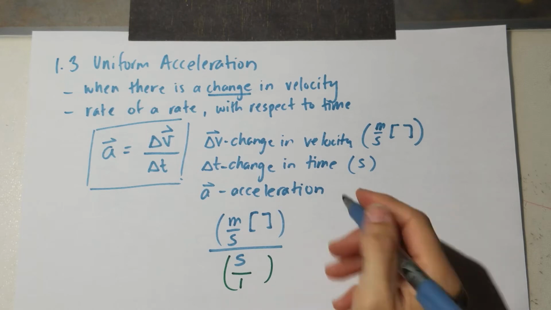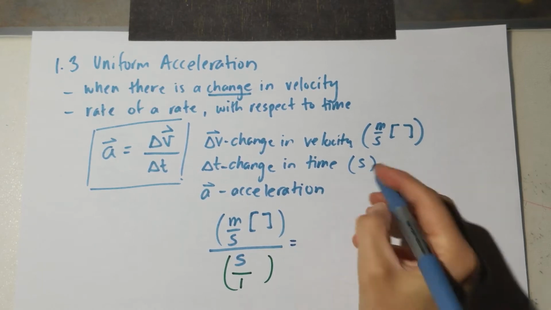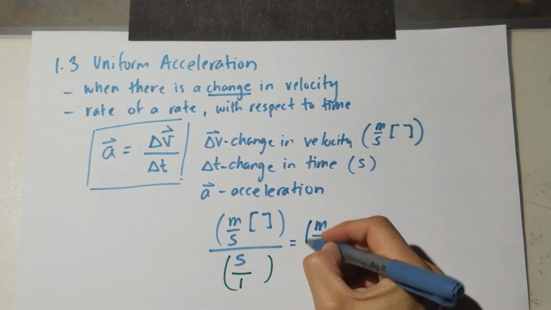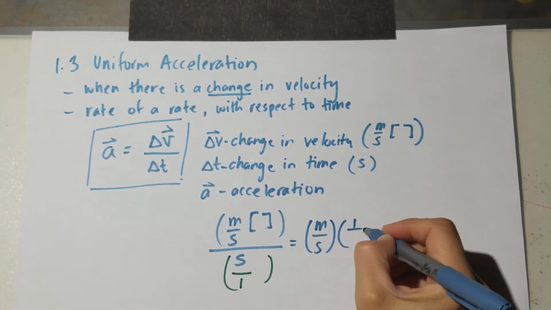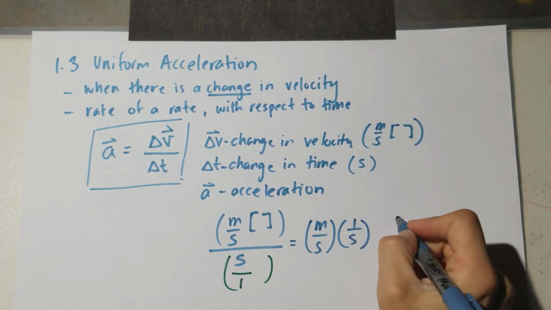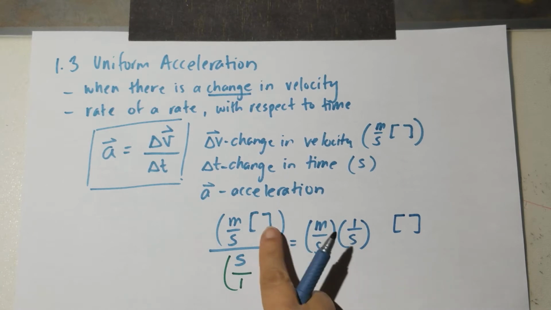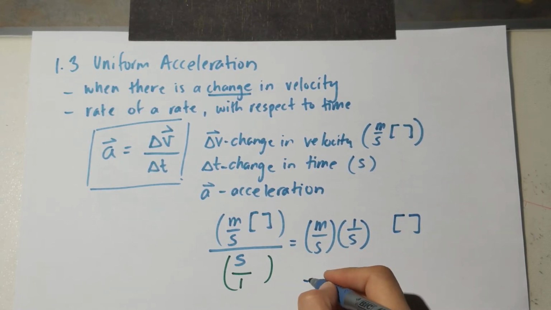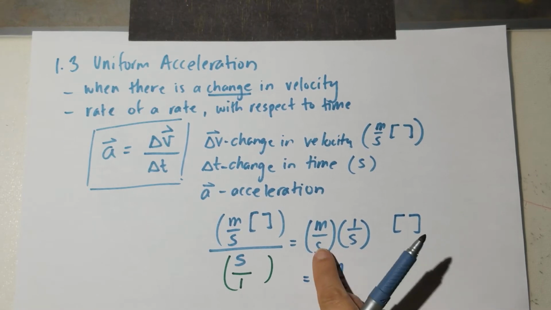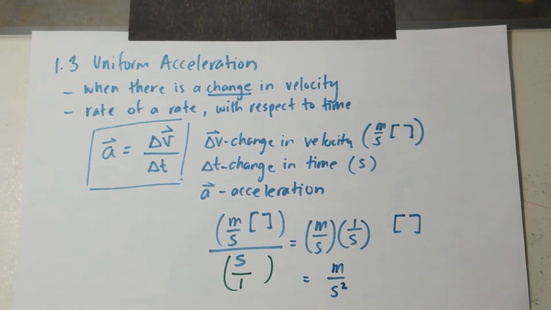Now, when I look at the units, I have to take that denominator, invert it and multiply. The direction can be taken outside because we're just working with the units. So we're left with meters per second squared, because seconds times seconds is no different than x times x. So a possible unit of acceleration is meters per second squared.